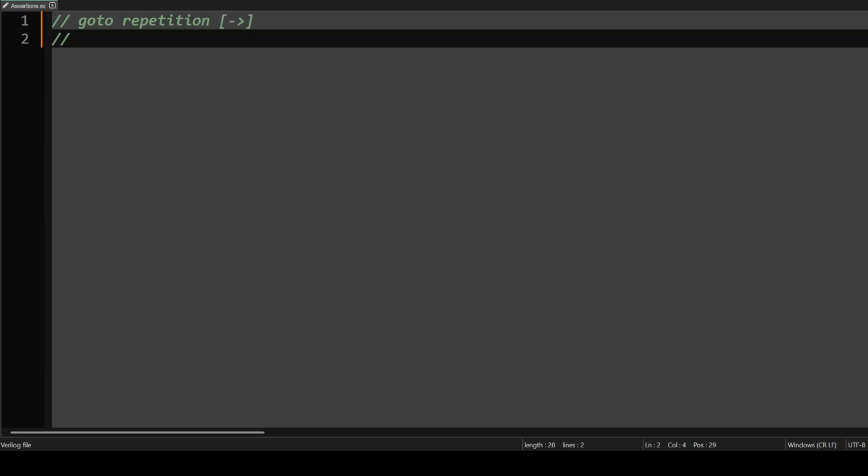So our first example, which is for go-to repetition, says that if A is true, then B can be true on any of the following clock cycles.